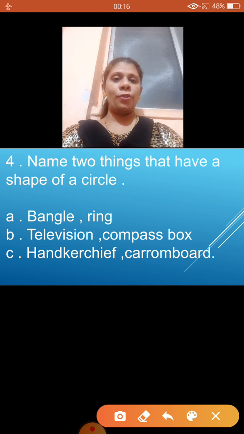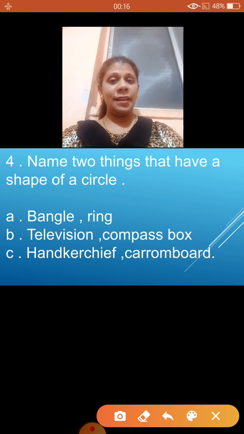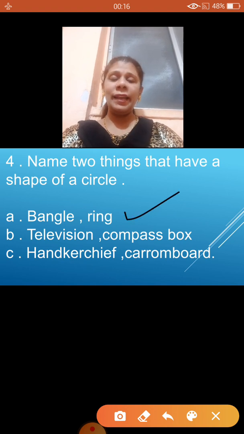Which from these options are the two things that have a shape of a circle? Correct, bangle and ring. Very good, because bangle is circle in shape and ring is also circle in shape. But television and compass box? No, right?